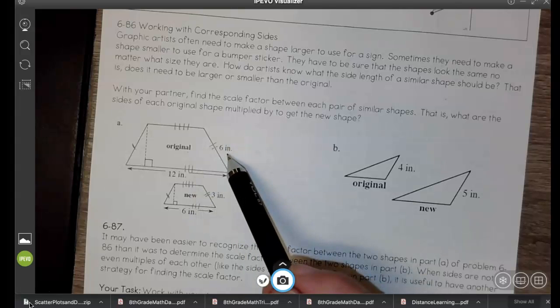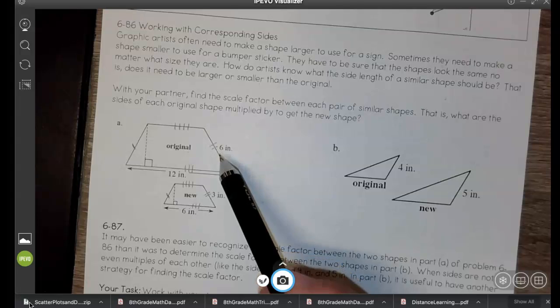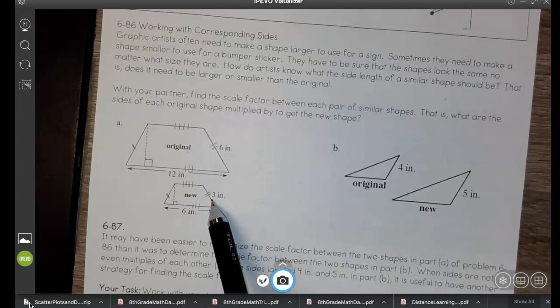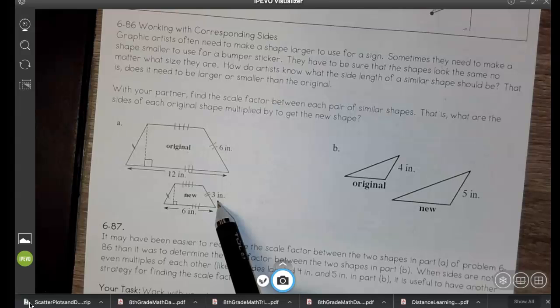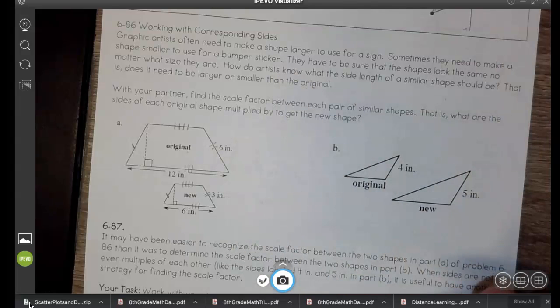So if I look at this corresponding side here of 6 in my original, and this is my new side, what did I multiply this by to get to 3? I know that 3 is half of 6, so I could assume that I multiplied by a half.